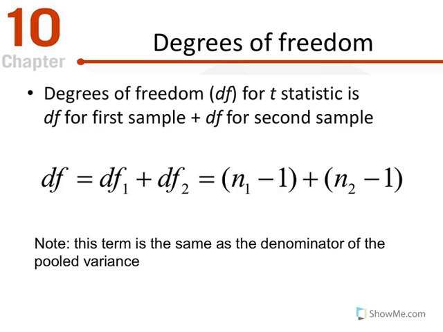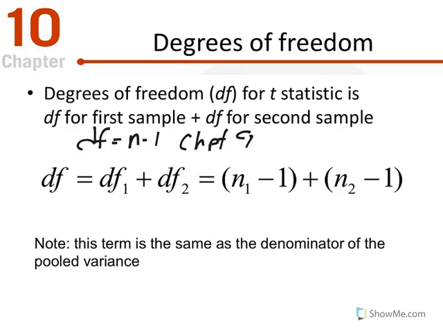So degrees of freedom, from chapter 9, is equal to n minus 1 when we're only working with one sample. And now we're working with 2. So when we're finding our degrees of freedom to identify the critical t, we're going to compute degrees of freedom in the following manner.